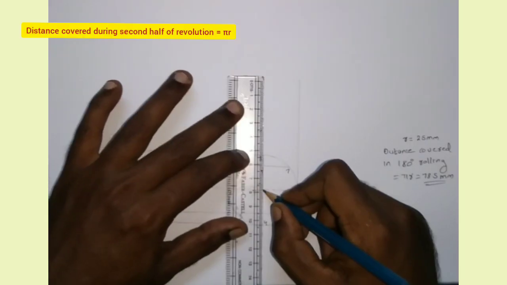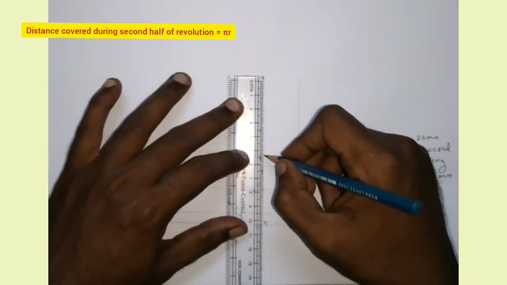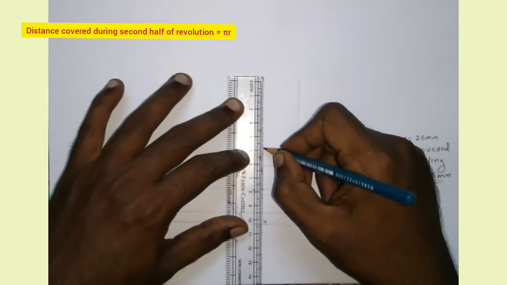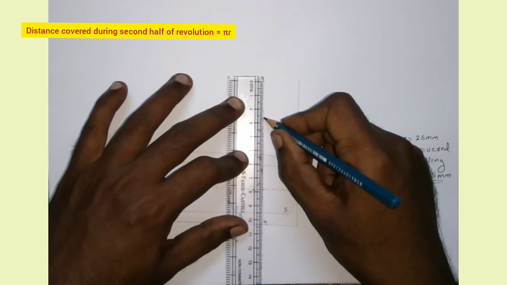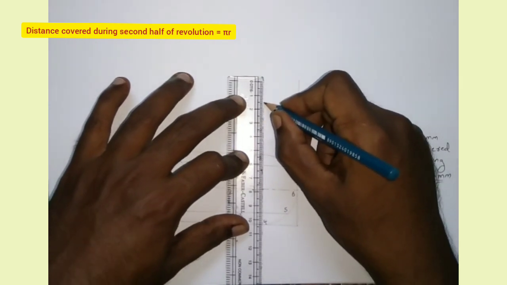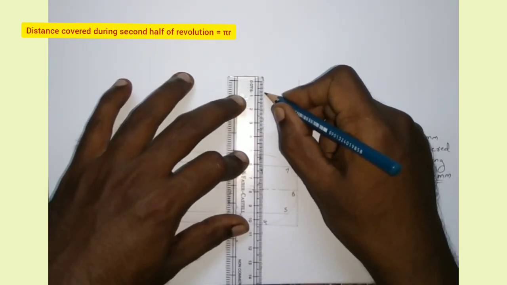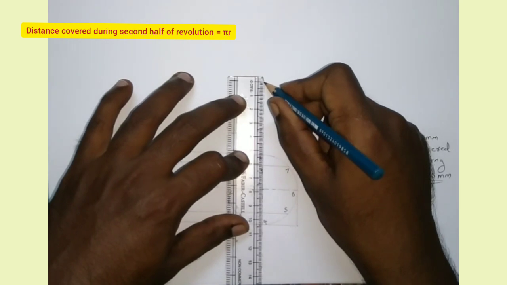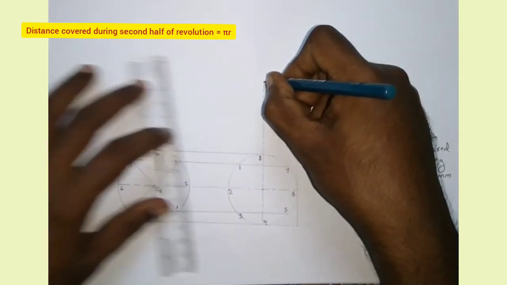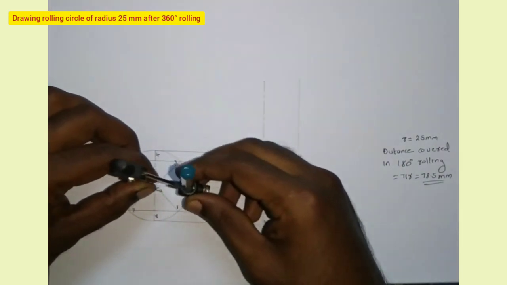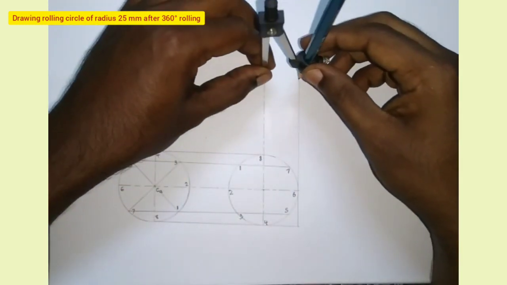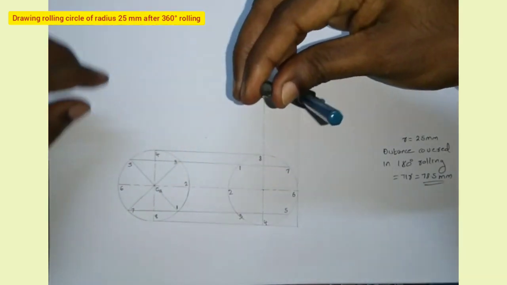For the second half of the revolution, the circle rolls on a vertical wall. Here also the distance covered by the circle is the same, that is pi r, which is 78.5 mm. So I am drawing the locus of the center line for the second half of the revolution. Okay, now I am measuring 25 mm and I am drawing the final position of the rolling circle.